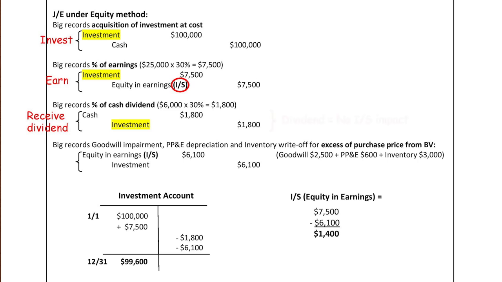Dividend equals no income statement impact. So guys, note the investor is recognizing income when the investee is earning money. When the investee pays out dividends, then the investor does not again recognize an income. That's a reduction of the investment by the investor.